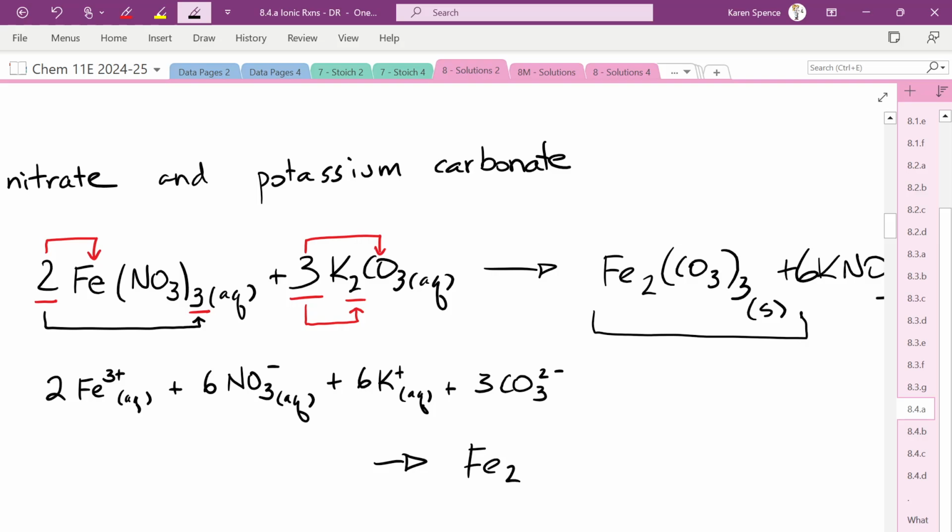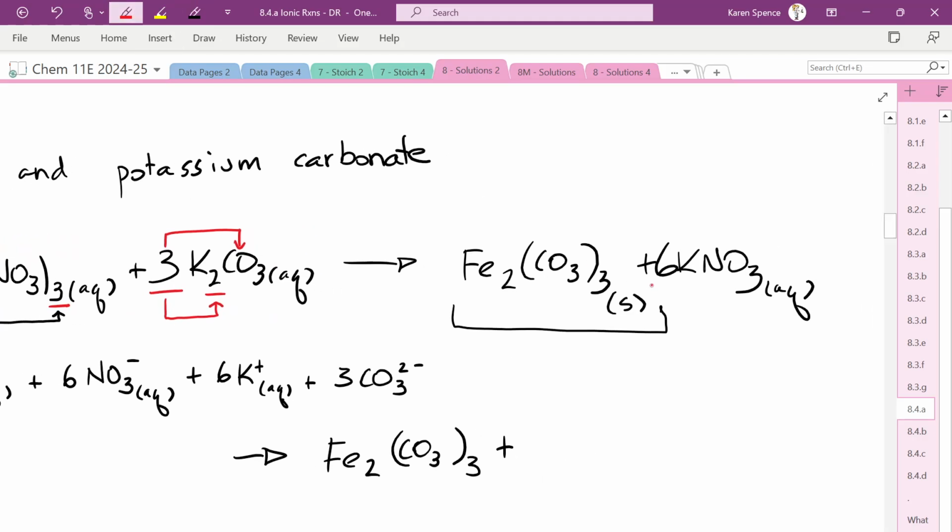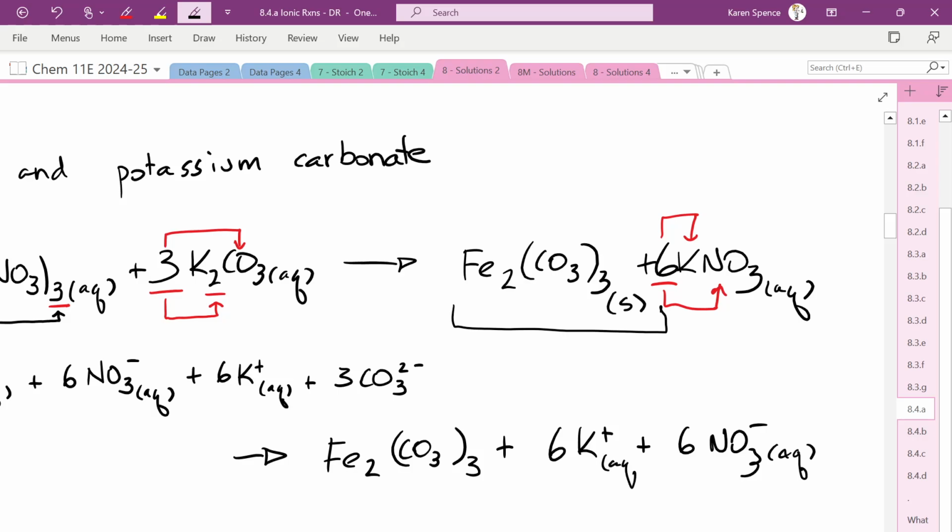Fe2(CO3)3 plus 6 Ks and 6 NO3s. 6K plus 6 NO3 minus, it's supposed to be a minus, aqueous and aqueous, and this one is a solid and that one is aqueous.